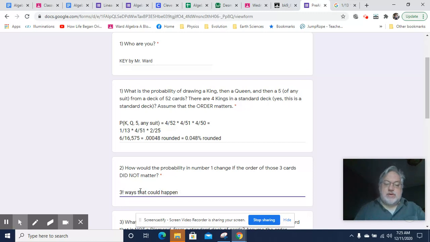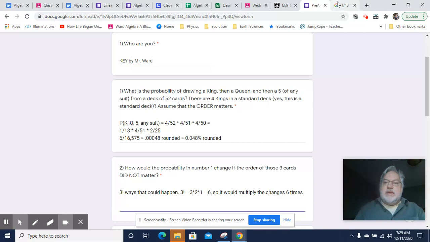So what that's going to do is multiply the number of chances by 3 factorial. And 3 factorial equals 3 times 2 times 1, which equals 6. So it would multiply the chances 6 times.